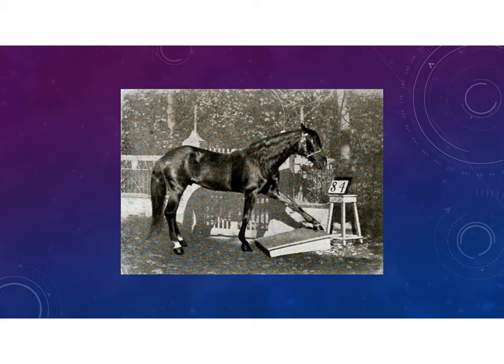So here's what was discovered after some real controlled experimentation with the horse. When Clever was doing his math in shows, generally the person who was asking the questions was in clear view of Clever Hans and knew the answer.